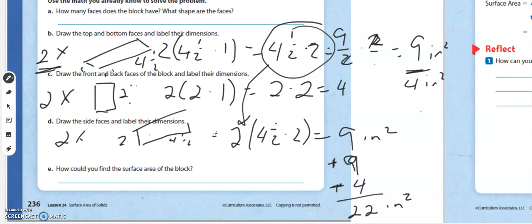You know what, I just realized this is not quite right. Because while yes, this is 4.5, right here is 4.5 times 2, and this is 4.5 times 2. This one is multiplied by an additional 2. So this would be 2 times 9, which is 18.